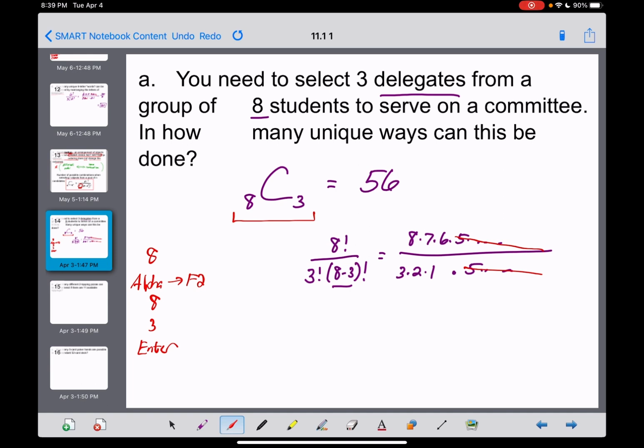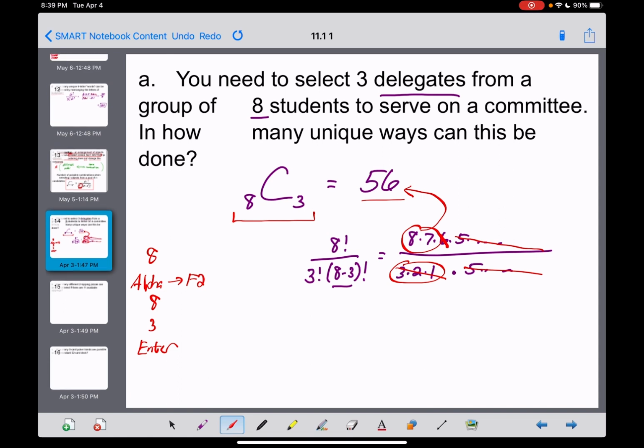And here's something else cool: 3 times 2 times 1 is 6, which cancels with this 6 right here. All that leaves us with is 8 times 7, which sure enough is equal to 56. So you could do this without a calculator, but relax, we won't really make you do it.